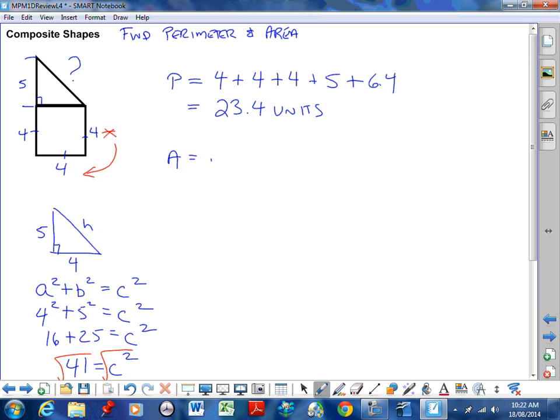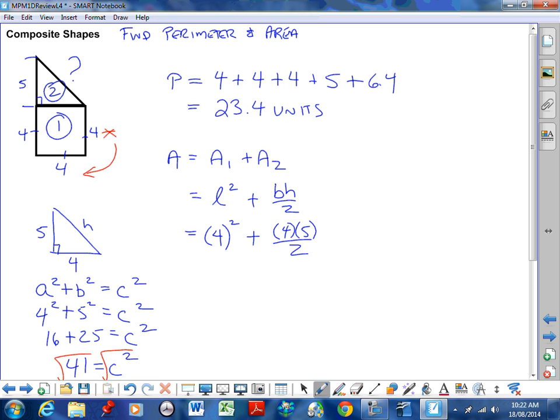Now area, oops. We always do this. Area equals area 1 plus area 2. And I'm going to call this area 1, this area 2. Formula, it's a square, so L squared plus base times height over 2. So I would have 4 squared, so that's the area of the square base, plus 4 times 5 over 2.